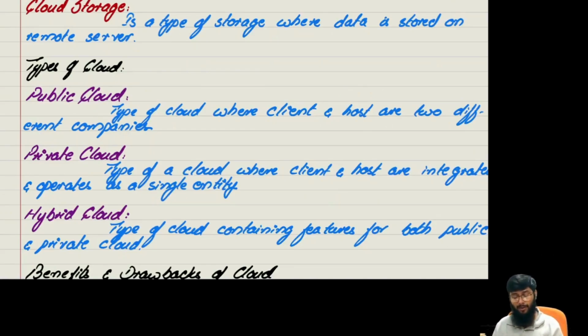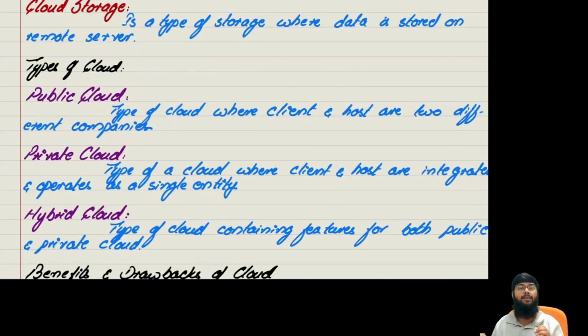But when it comes to the private cloud, take for example your Google Drive. If I store something on my Google Drive, I can access that data, or whoever I give permission to. So I am considering the host and the client as an integrated, single entity or single organization.